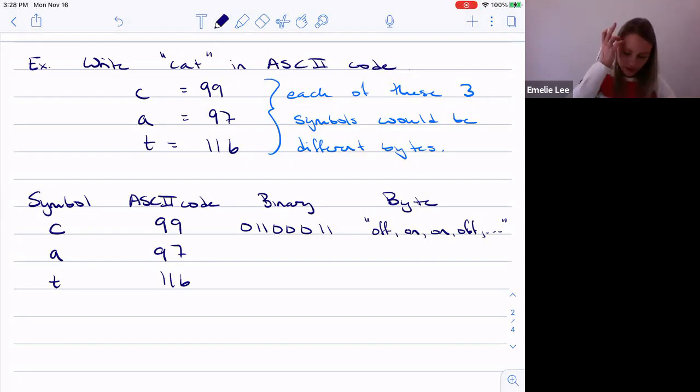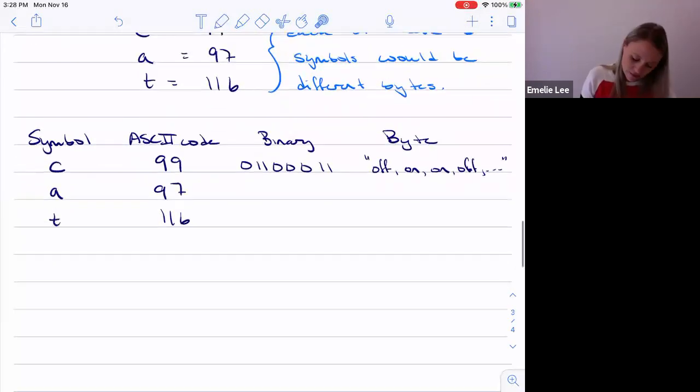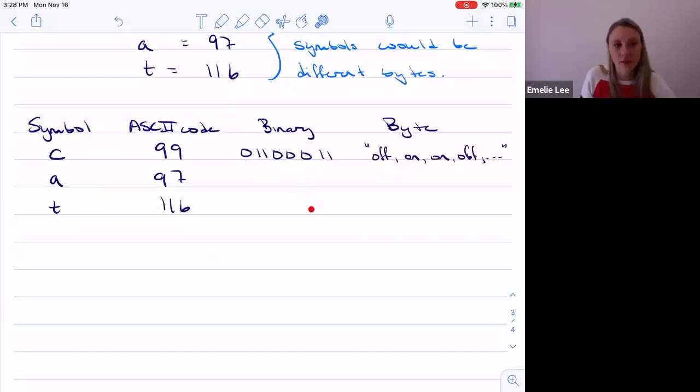I'll just give you the binary codes here and we'll just start the byte. We're not going to finish them because I think it's pretty obvious: 0 is off, 1 is on, and there's nothing that we really do with it. So 97, I'll give you the binary. Of course, you could go through and convert all these to base 2 using repeated division, right? 2 goes into 97, how many times?